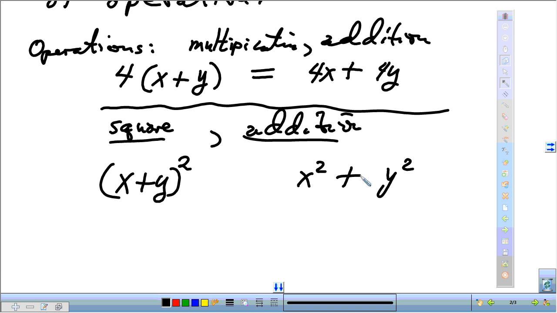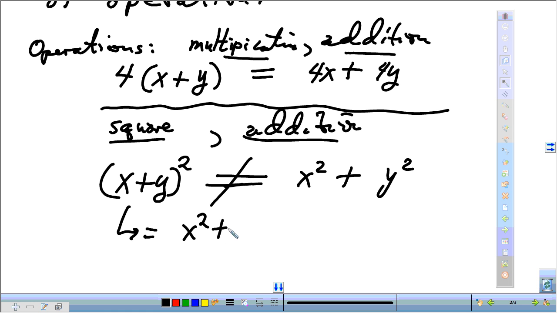And although very frustrating, because we spend a lot of time learning the first rule, when we get to this basic operation, squaring something and adding something, they're not the same. The square of the sum is actually x squared plus 2xy plus y squared.